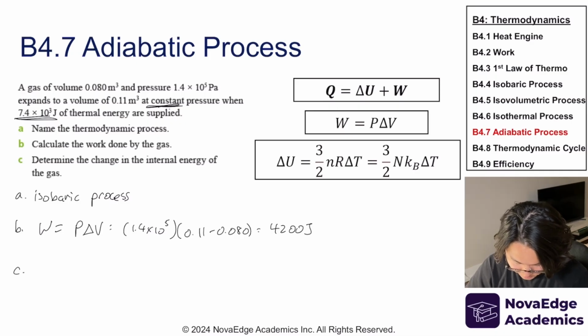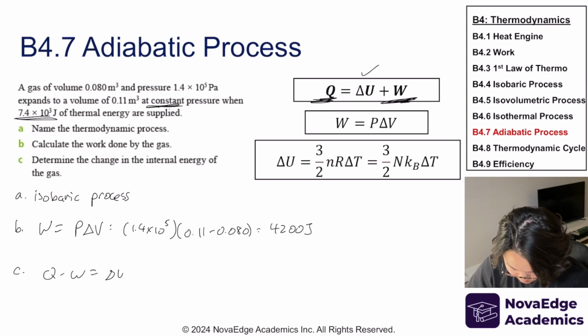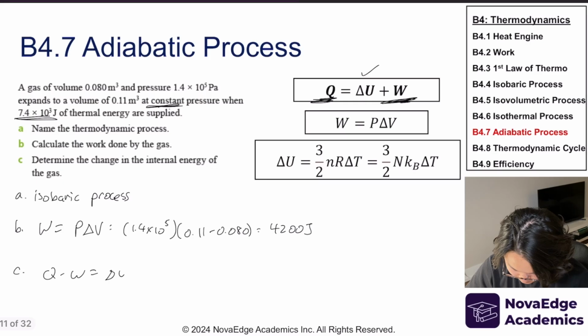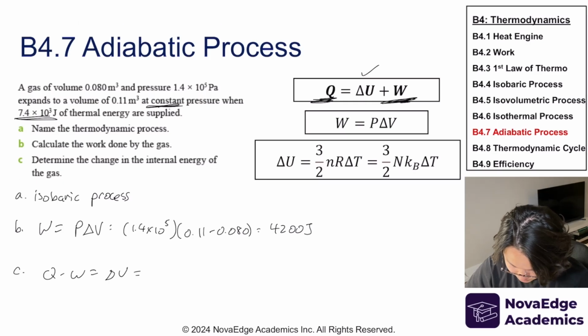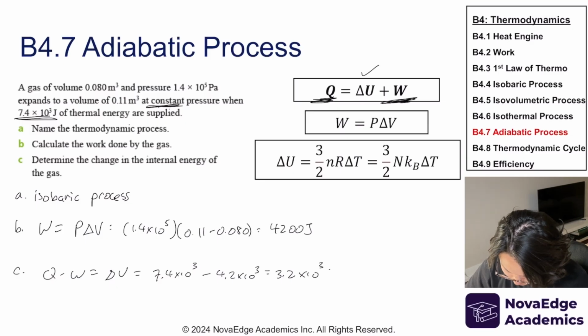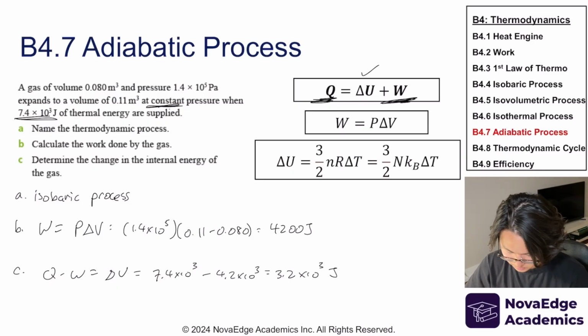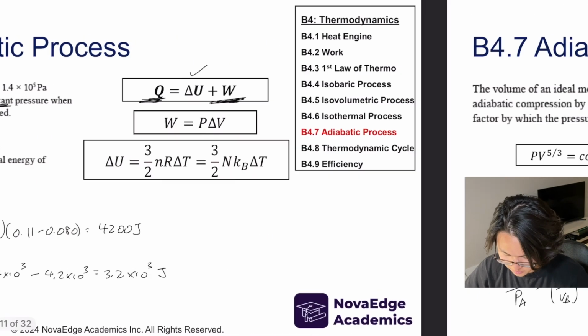And finally, C, determine the change in internal energy. Well, I know Q and I know W, so I can find that out. So Q minus W is equal to this, which is equal to 7.4 times 10 to the power of 3 minus 4.2 times 10 to the power of 3, which is equal to 3.2 times 10 to the power of 3 joules. I hope you got the same thing.